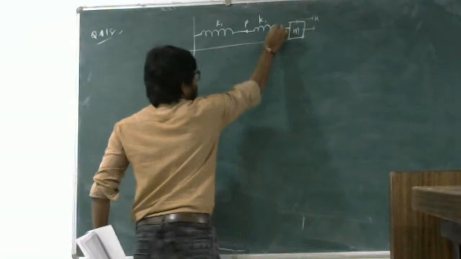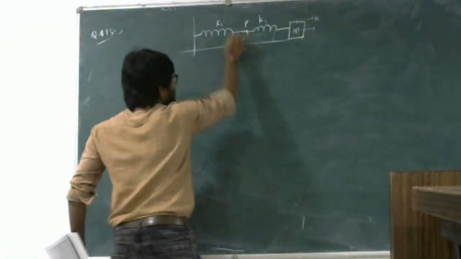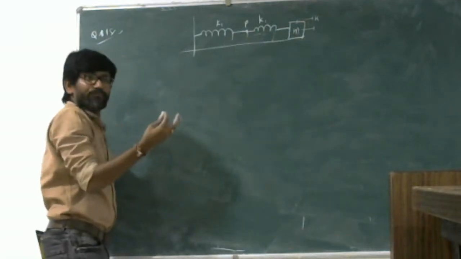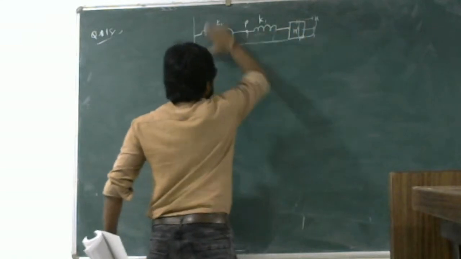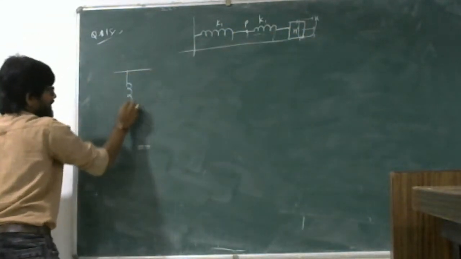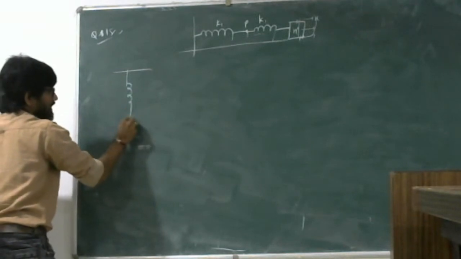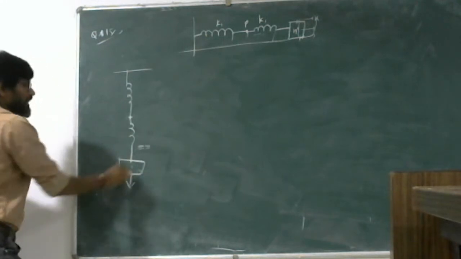So this end of the spring is stretched, this point displaces from here, this end of the spring also displaces. Yes or no? So if it stretches through some distance x, that means the entire system will stretch. This is similar to this one, right? I already discussed this series combination. Yes or no? I am discussing the effective spring constant.